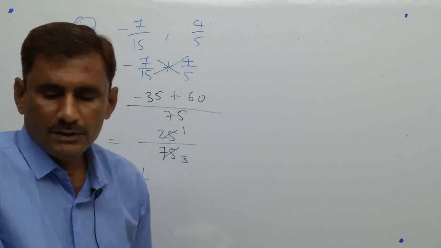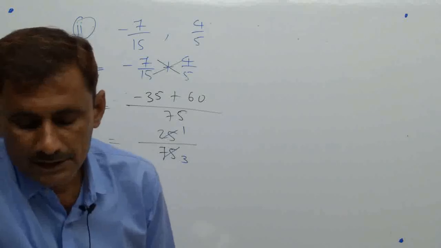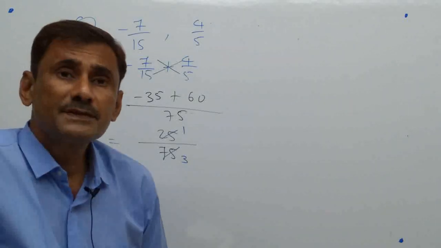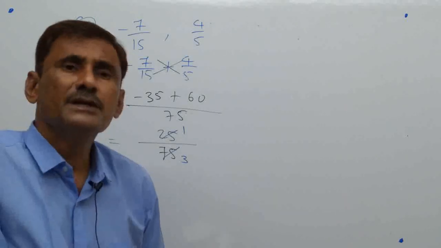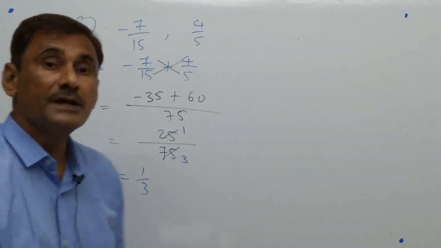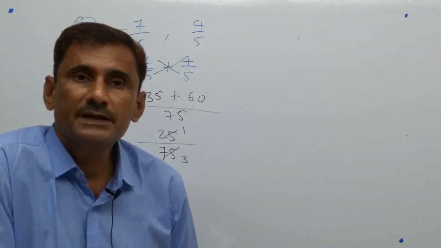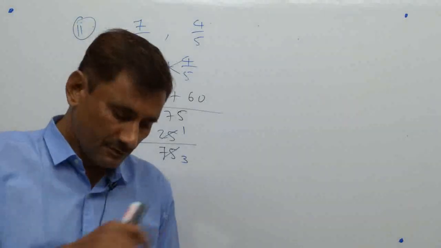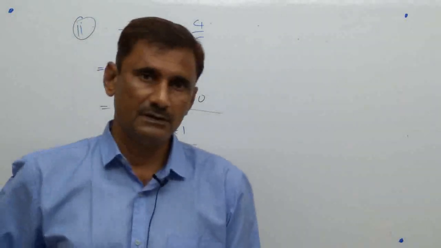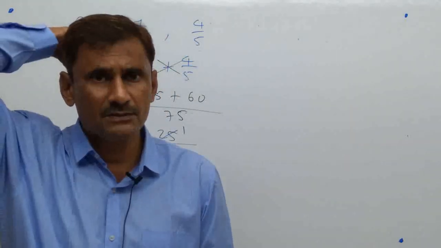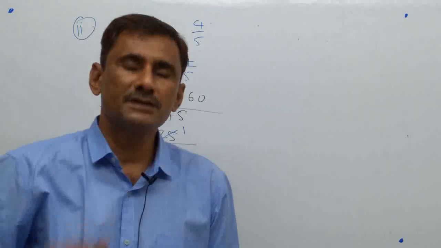Then existence of right identity. I think it seems somewhat new, but it was in the earlier one also. In addition, we discussed that if you add 0 to any rational number, then the answer will be the rational number itself. Same way, here if you subtract 0 from any rational number, then the answer will be the rational number itself.